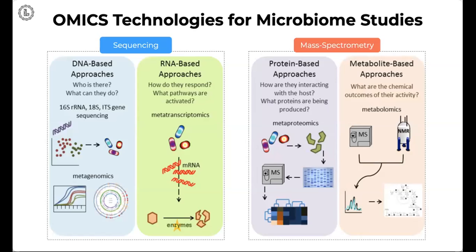Another approach which is widely followed is the whole metagenomics approach, or whole genome approach to metagenomic sequencing, which will help us assemble the full genomes of these microbes completely from scratch.